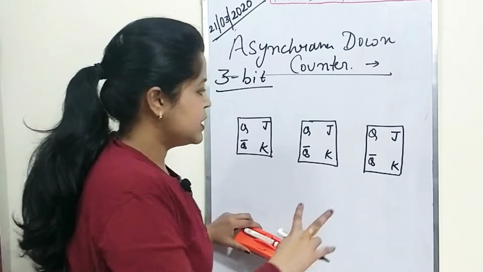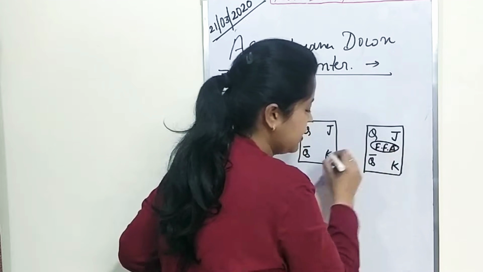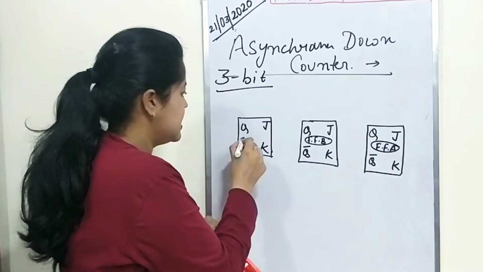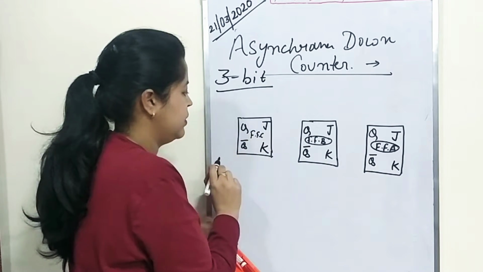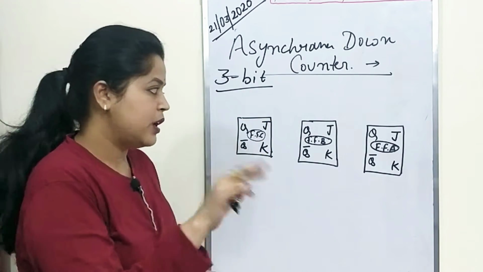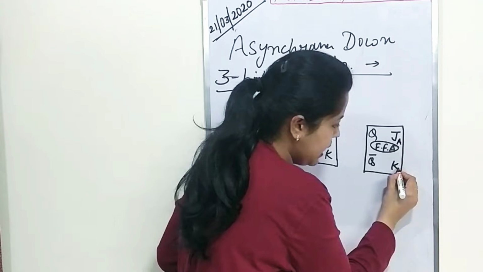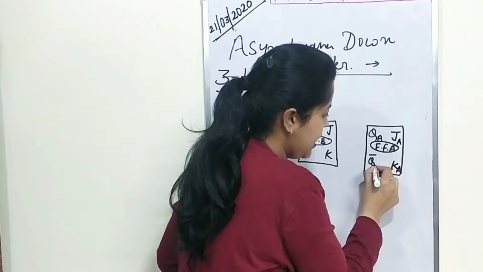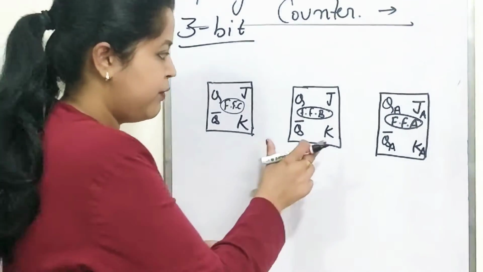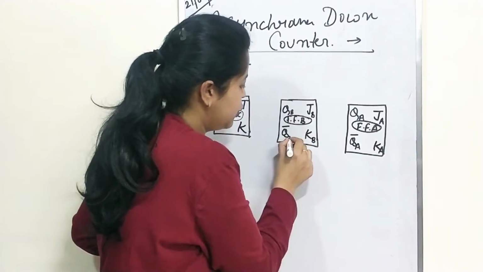Now this flip-flop I am naming flip-flop A, this flip-flop is flip-flop B and this is flip-flop C. Now as per their naming, I will convert this input J to JA, similarly KA, QA and QA bar, because this is flip-flop A. For flip-flop B the inputs are JB, KB, QB and QB bar.